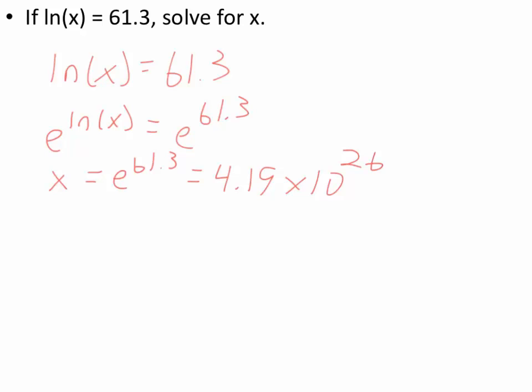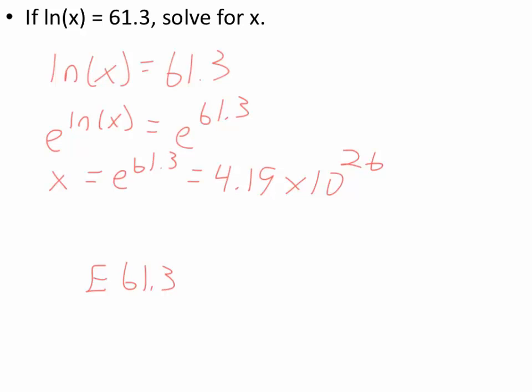If instead you plug into your calculator something like the big E, the capital E, that we were using for our scientific notation, and then you plug in 61.3, in that case you're not going to get the same result. In most cases, typing in something like this should give you an error, because essentially you're missing whatever you should have over here to the left of that.